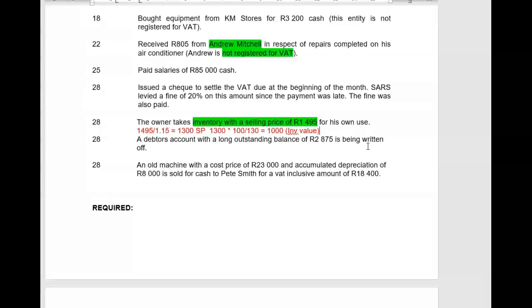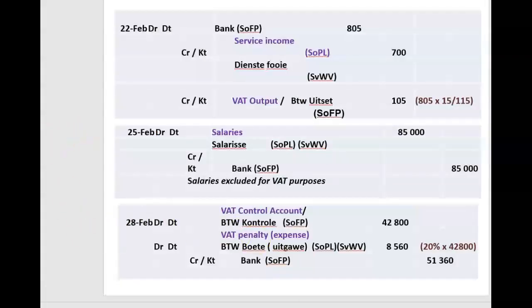Therefore, I want my money back. I want my 150 Rand back that I've allowed you to claim from me initially. So 1,000 times 15% equals 150 Rand. So that means we have to pay the receiver 150 Rand back.